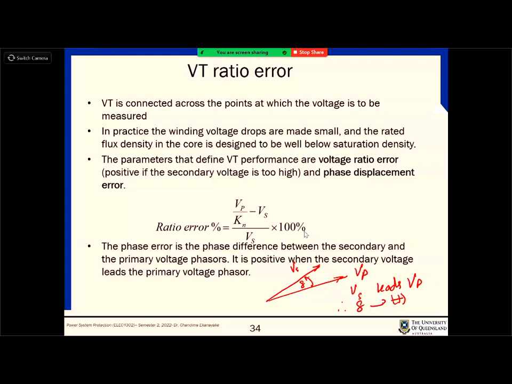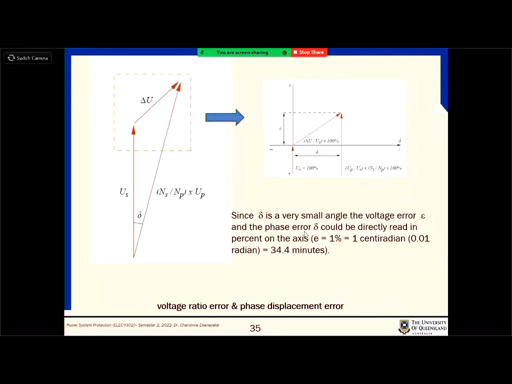And also there is another interesting way: if you look at the standards, this ratio error and phase error both of them are given as one figure, like this one. So usually we say that the transformer had a 1% error. 1% error means the magnitude is 1%, but phase is also 1%.